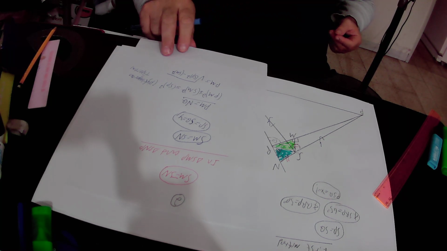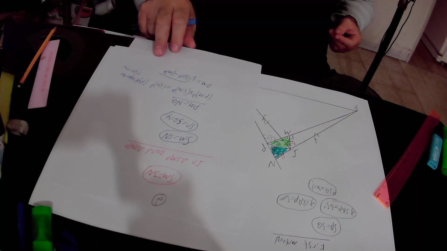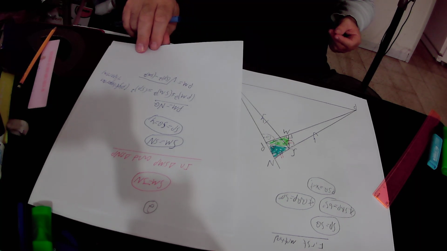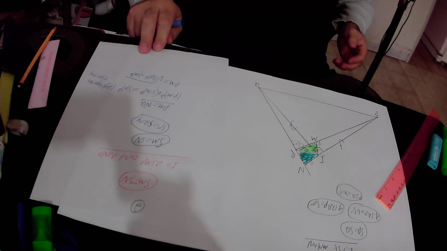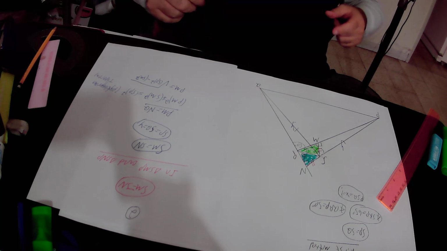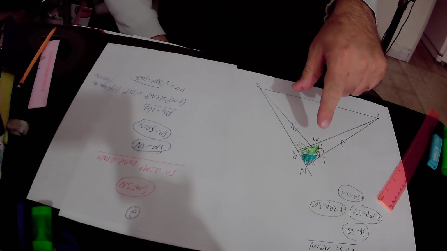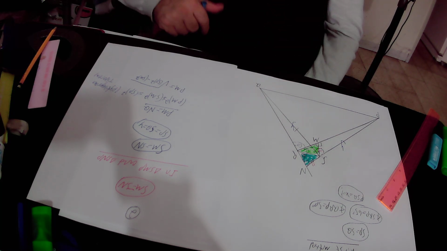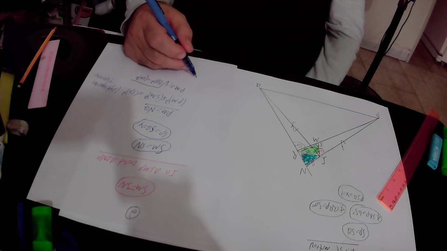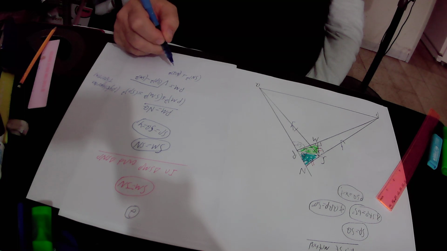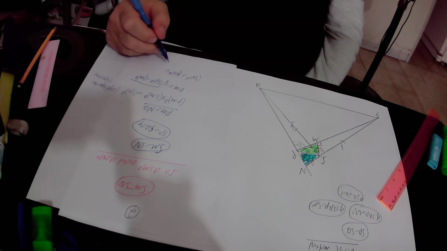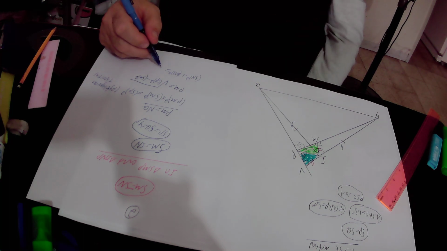So according to the same method, we will find the size of NQ. According to the Pythagorean theorem, if we focus on the right triangle SNQ, we can write down that SN square plus NQ square equals SQ square.